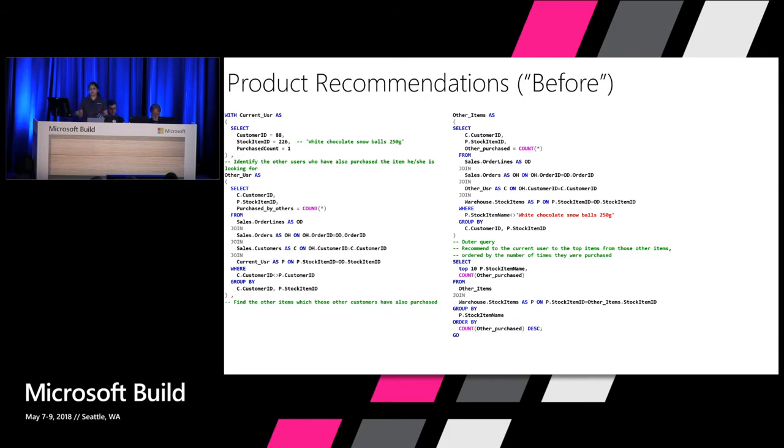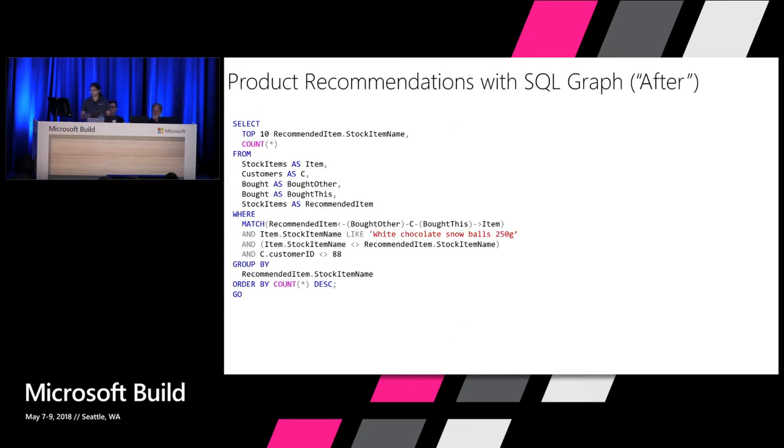After that, I find out the other items that these other users have bought. And then finally, when I have the list of other items, I make recommendations to my current user. Not a very easy query to write, not very easy to extend, and not very easy to maintain in future. Right? Now let's see how this query will look when you implement it using the graph approach.